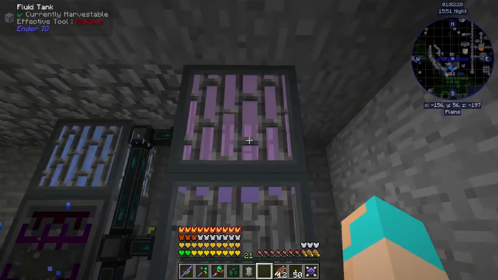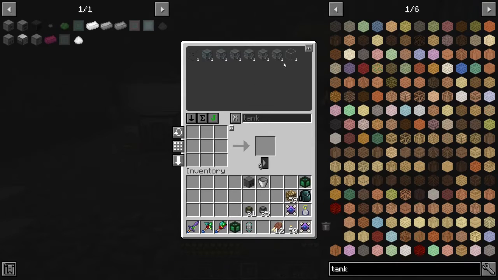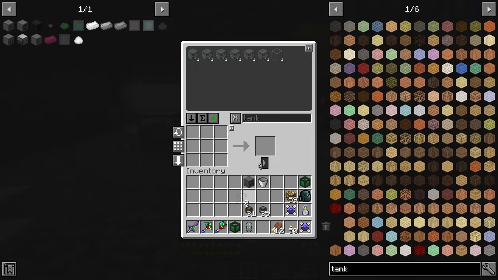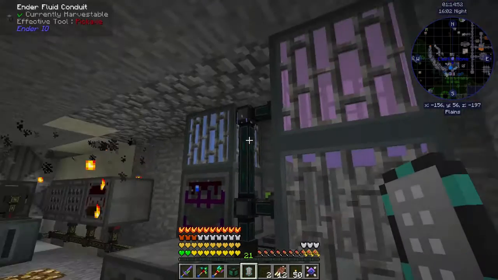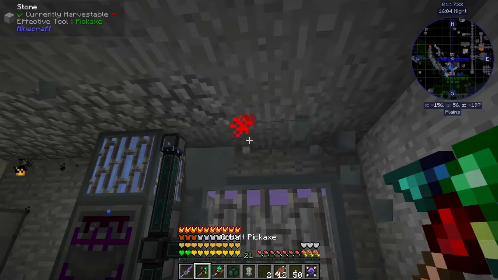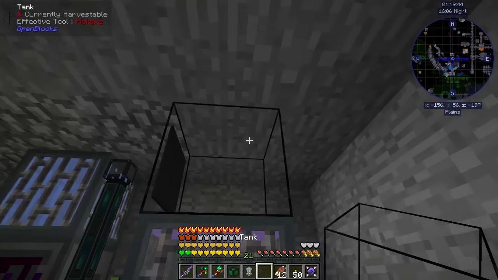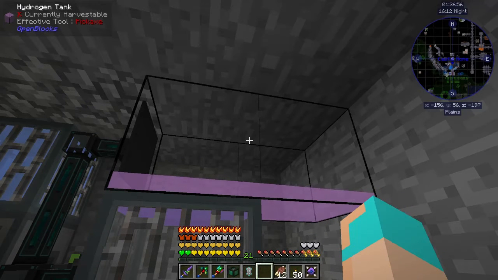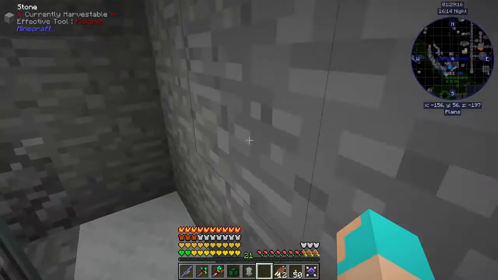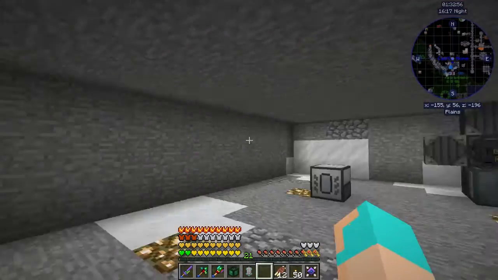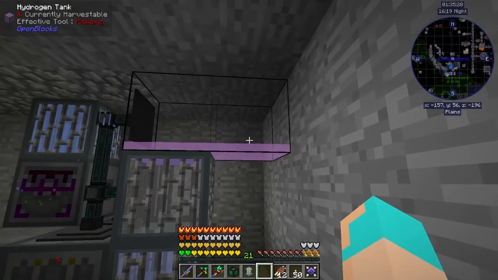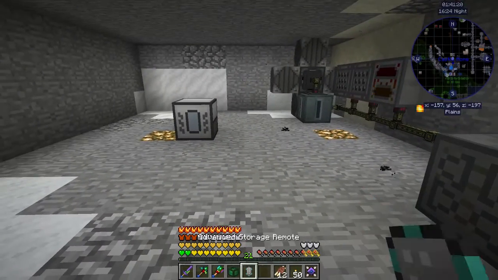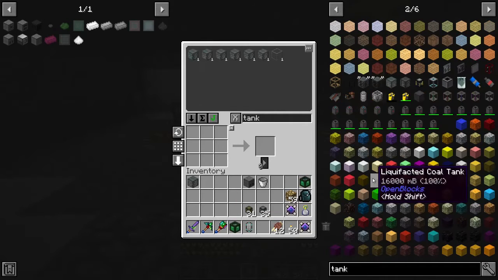So maybe we use this tank instead of that tank, just so we have a much bigger space, because that tank just allows us to hold more. Maybe. Where are those open block tanks?